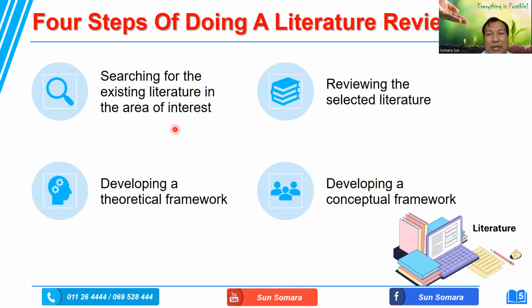And the second one, reviewing the selected literature. It means you start reading what has been selected so far, and then try to put it in chronological order and so on.